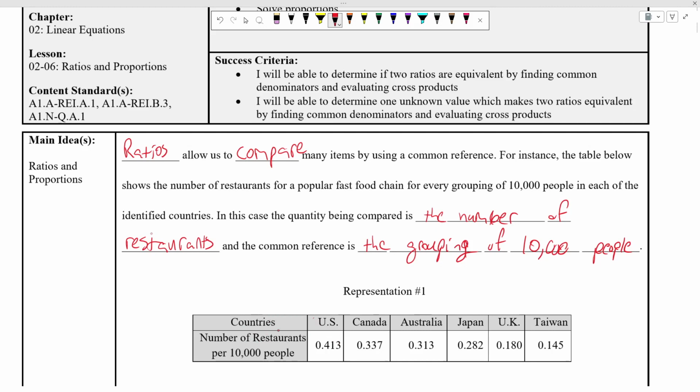So before we get further along here, let's understand how ratios can be represented. There are many ways they can be represented, and we'll talk about a few ways. The first representation, believe it or not, is in fact this table. That is representation number one.